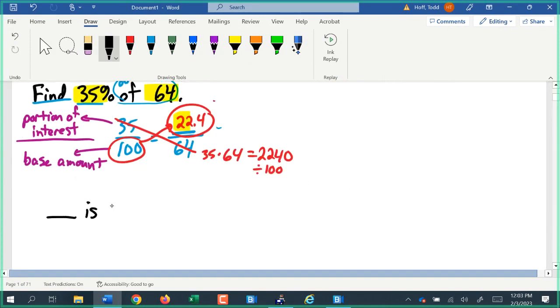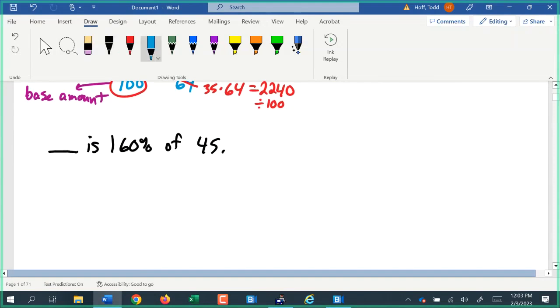We might have blank is 160% of 45. So here again, we start with our percent. We have 160%. That is 160 out of 100. Now here's, like I mentioned in the first example, sometimes the percent is bigger than 100%.